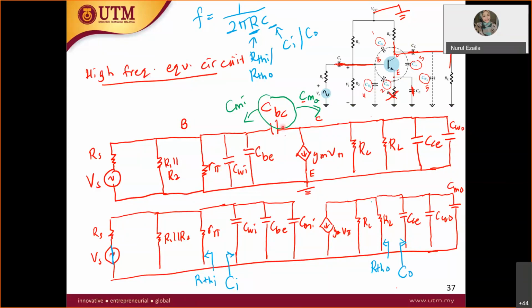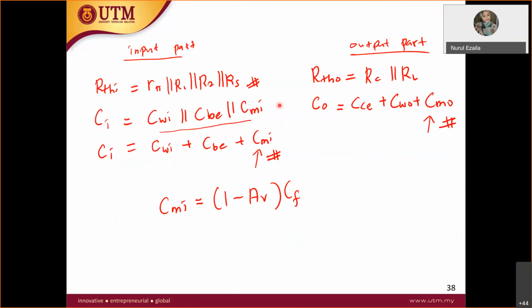We don't want this horizontal capacitor. Therefore, we split it into two, becoming CM in and CM out. So CF is equal to CBC. This is for the CM in.